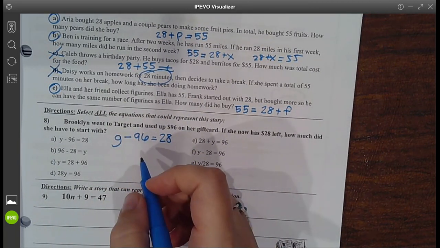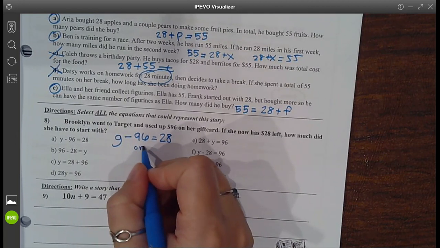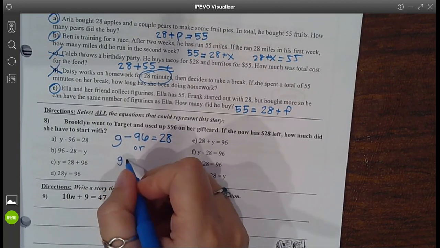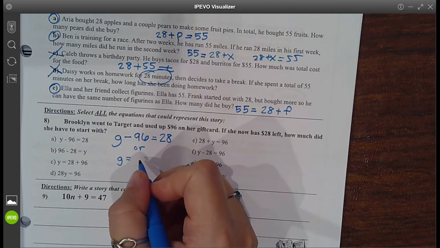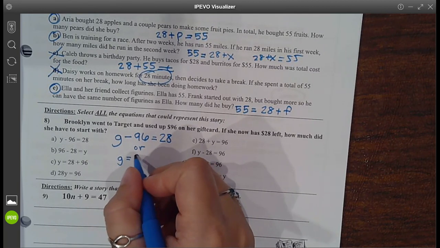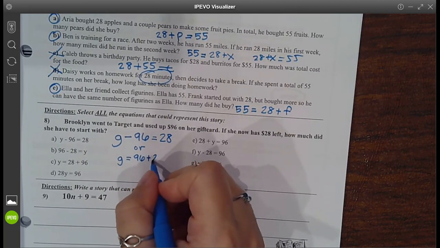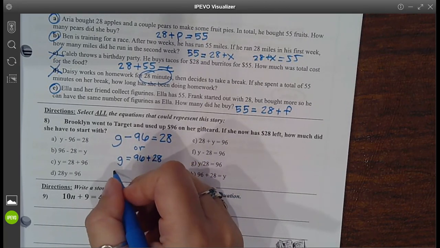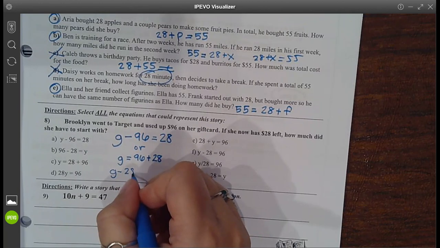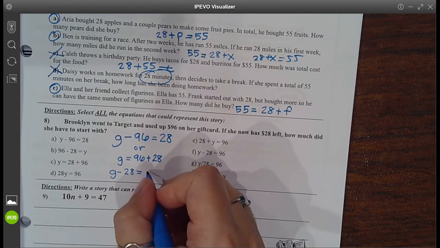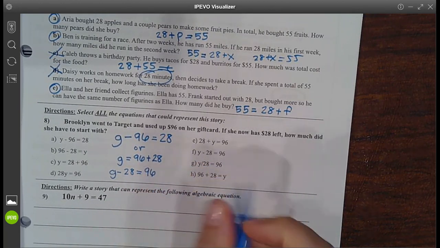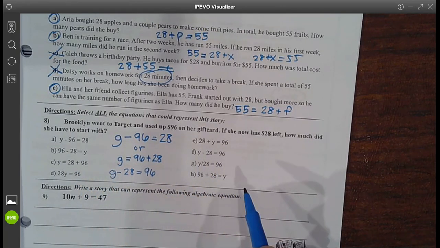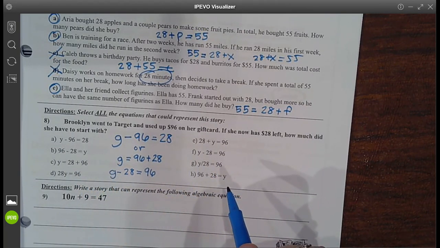I could also say the gift card is equal to the amount that I spent plus how much was left. Okay, and then I could also say that how much I started with minus how much was left is equal to how much I spent. Okay, now let's go ahead and check which one of these equations match these, because I think that's all the different ways.